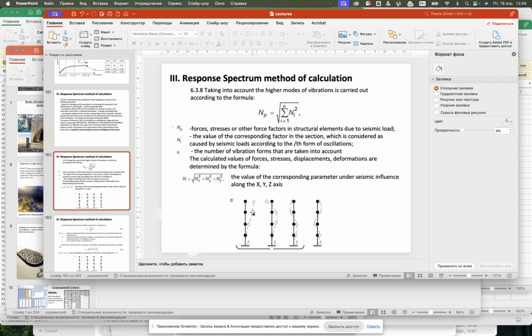According to each form, we have a resonance effect. But when we are calculating seismic effects according to the spectral method, the worst part in this method is that we have to take into account all the forms. For one value of the internal force, you have to include 4 forms and resonances on 4 forms. This situation is impossible, but nevertheless, this is the worst part of this method.